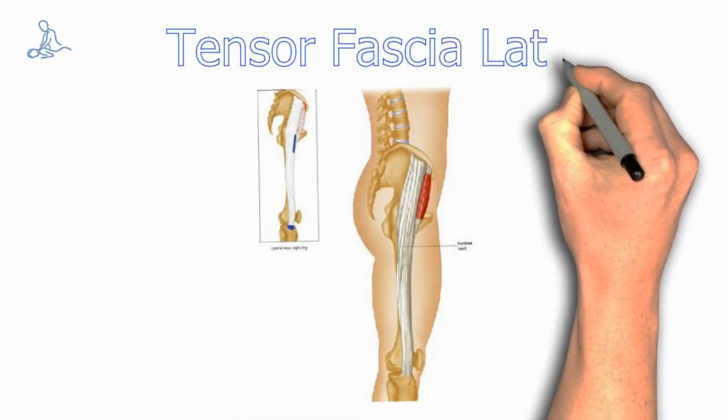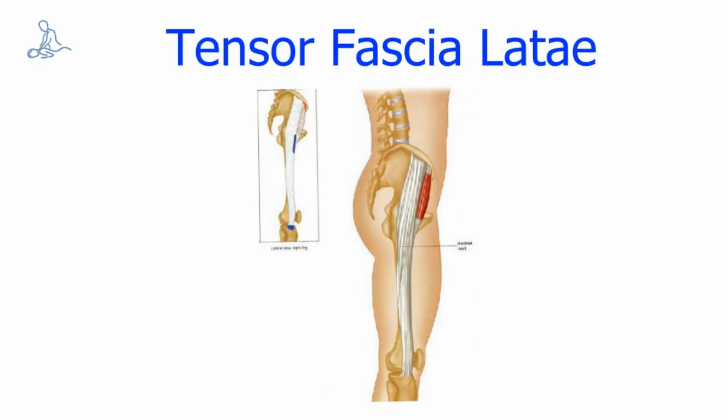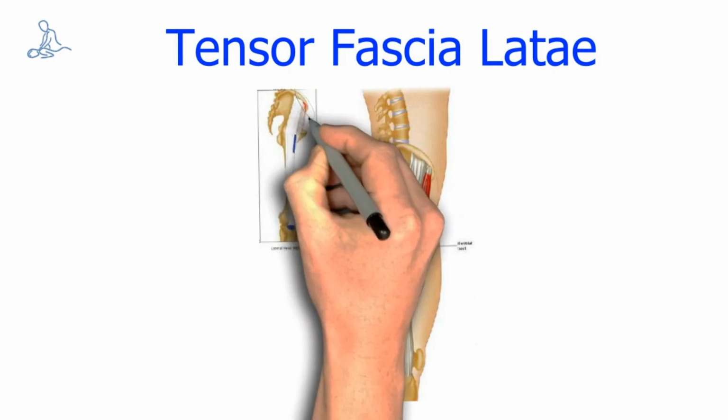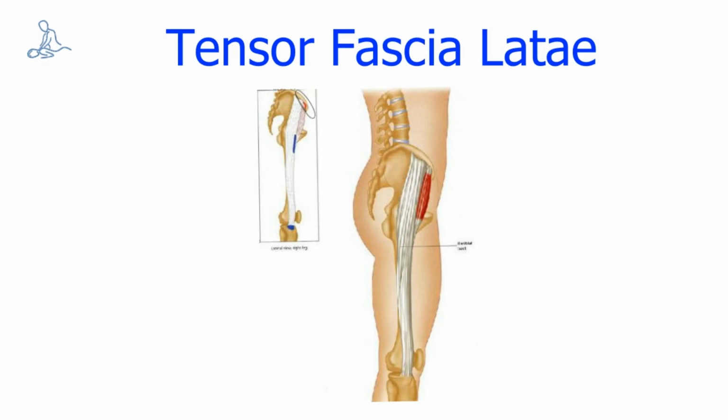Tensor Fascia Latae, TFL. The origin of the tensor fascia latae is the anterior superior iliac spine and the anterior iliac crest. The insertion of the tensor fascia latae is the iliotibial band.